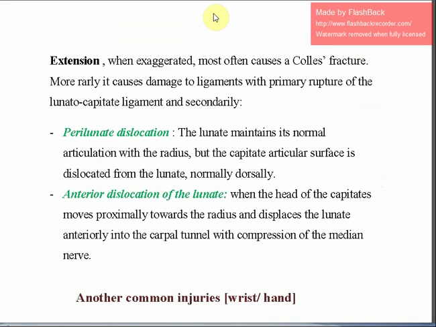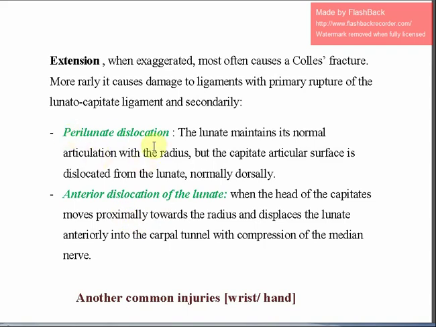Extension, when exaggerated, most often causes a Colles fracture. When someone falls down with the wrist in support, it goes into wrist extension, and in that extension position it goes for the Colles fracture. More rarely it causes damage to the ligaments, with primary rupture of the lunatocapitate ligament and secondarily perilunate dislocation, or anterior dislocation of the lunate.